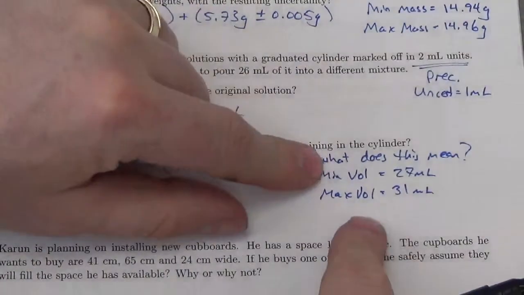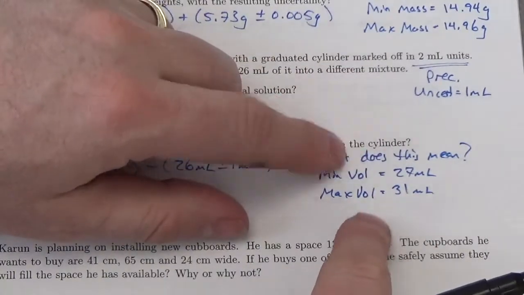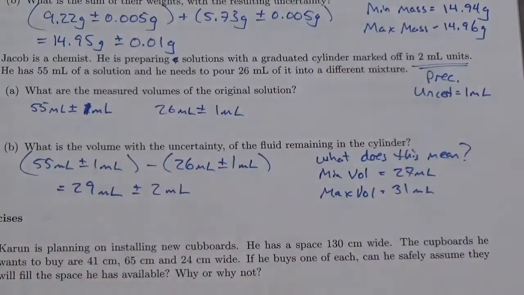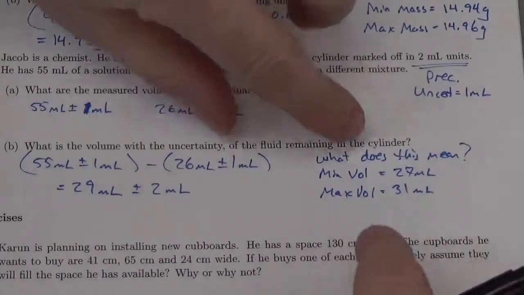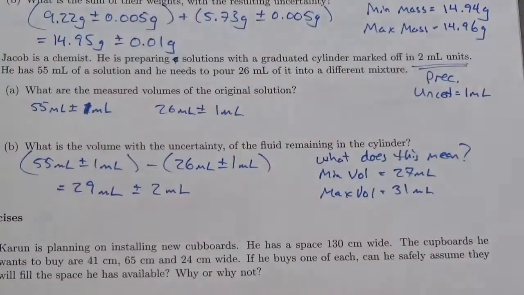But I am 100% positive that the actual volume is going to be somewhere in between there. See, there's always going to be this little bit of uncertainty, or you're not sure about the measurement. But with that being said, there are certain things that I can be sure of. These are the limits to where that error could lead us.